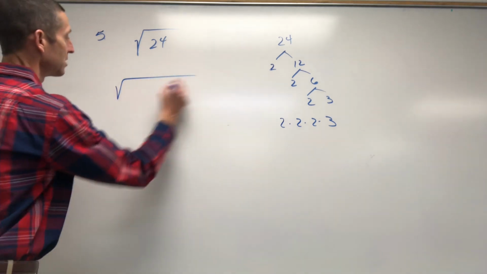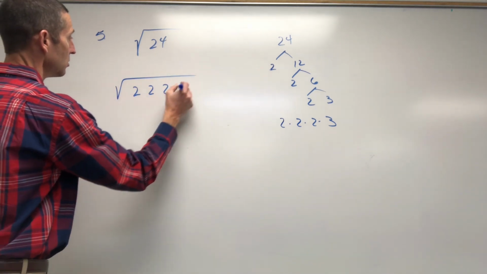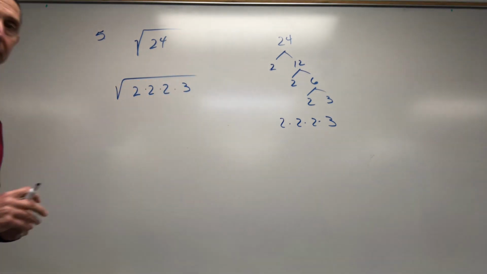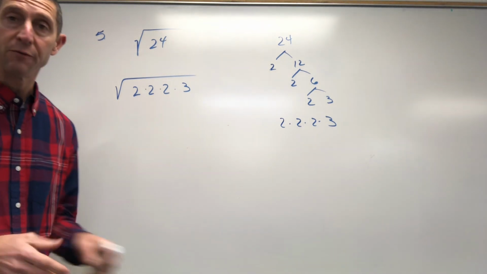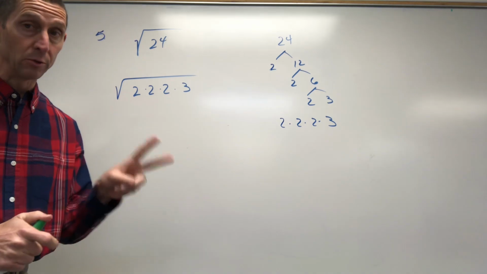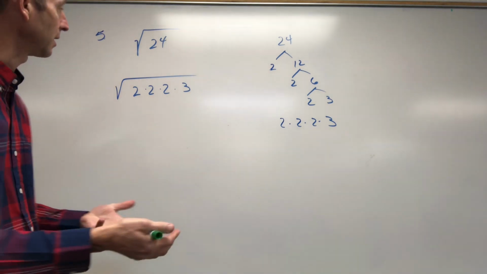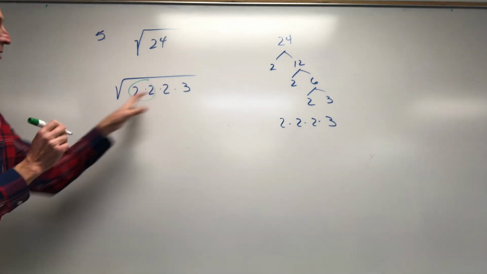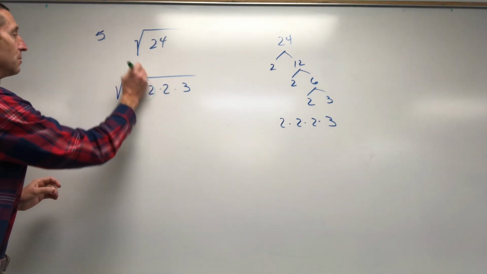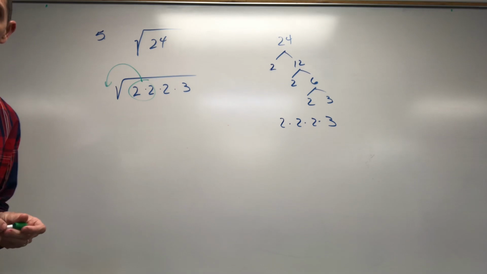So 24 is out, 2, 2, 2, 3, still in there. Now it's a square root, so you're looking for pairs. Square root, you're looking for pairs, 2 of a kind. Like here is 1 pair of 2s. So any pairs that you have, circle them, grab them. Any pairs are coming out.